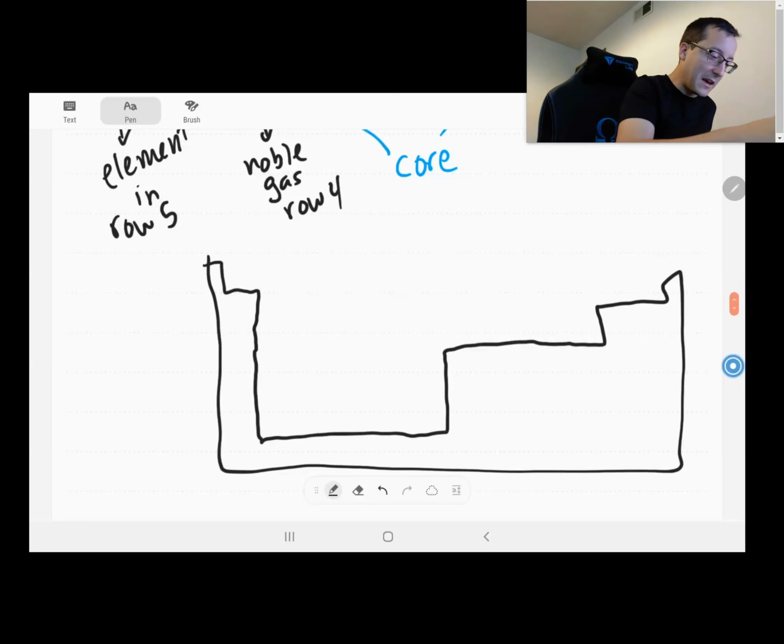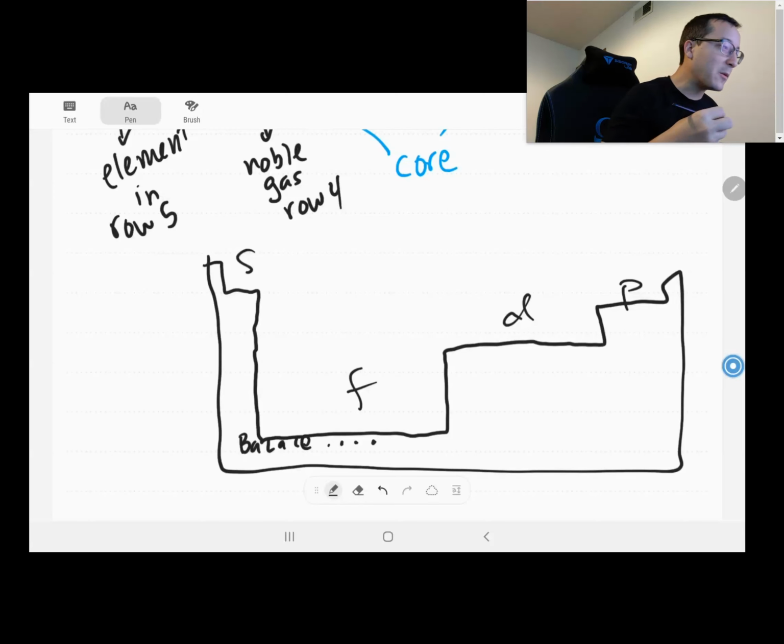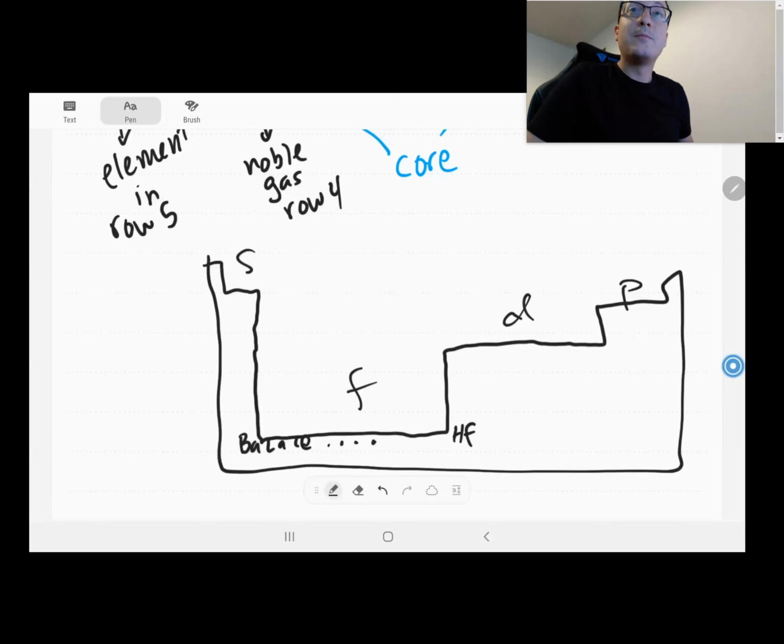We have our s block, our f block, our d block, our p block. So technically we have barium, lanthanum, cerium, etc. And then we get into hafnium down here. It's going to be 4f1. I just want to introduce this to you so you will see it.